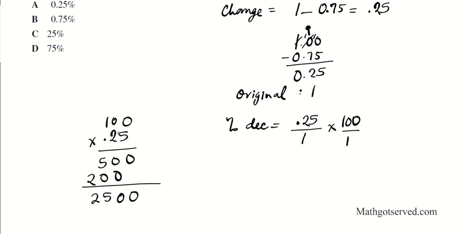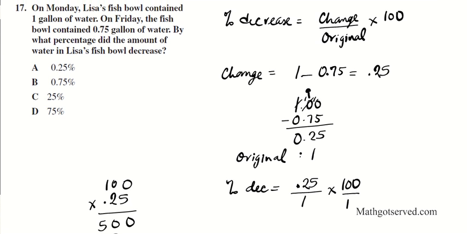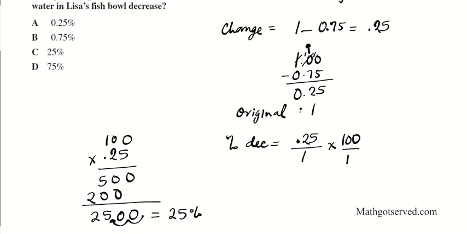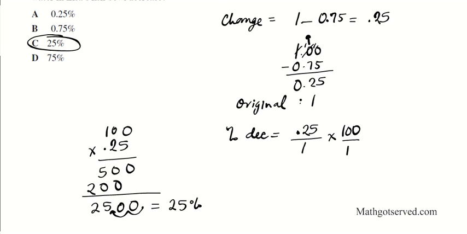But since you have 2 decimal places here, you have to put the 2 decimal places here, 1, 2, and the answer is 25%. Remember, whenever you're multiplying by 100, the decimal point moves 2 places; for 1,000, 3 places, and on and on like that. So the answer to question 17 is C, 25%.